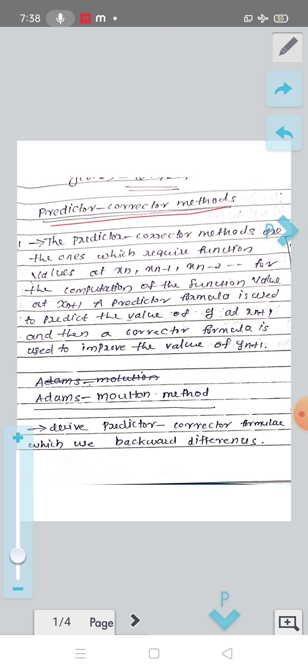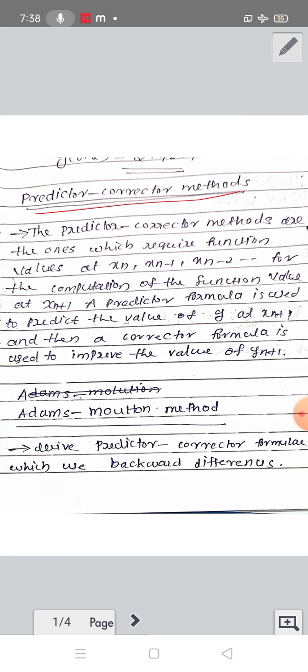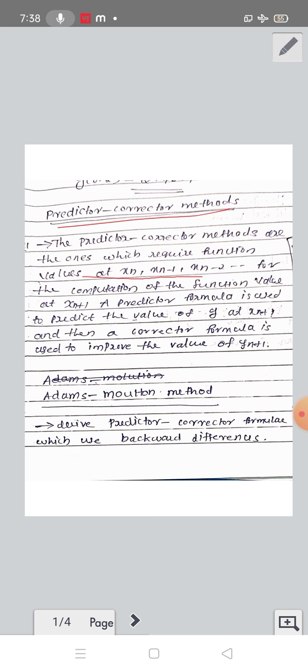But predictor corrector methods are the ones which require function values at xn, xn minus 1, xn minus 2, etc. for the computation of the function value at xn plus 1. A predictor formula is used to predict the value of y at xn plus 1, and then a corrector formula is used to improve the value of yn plus 1.